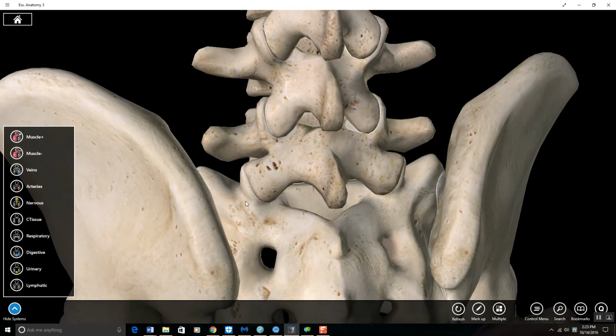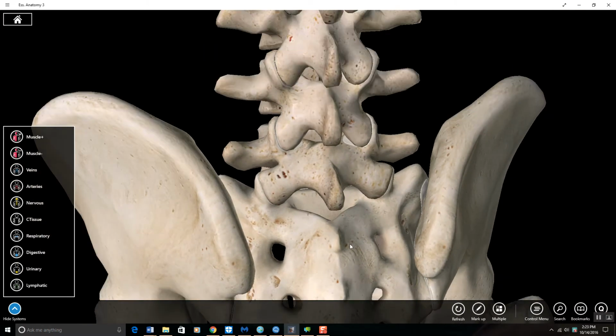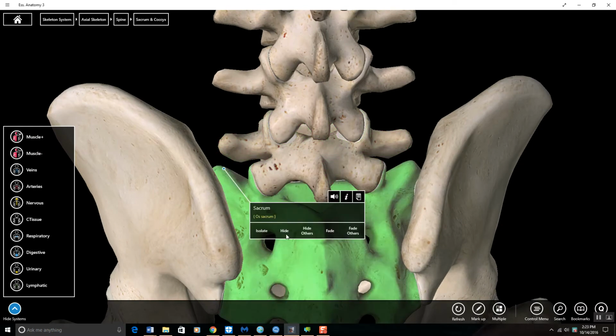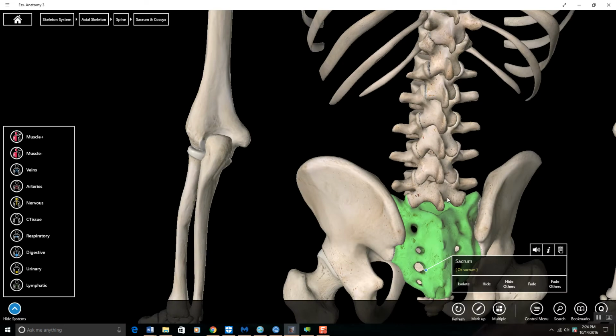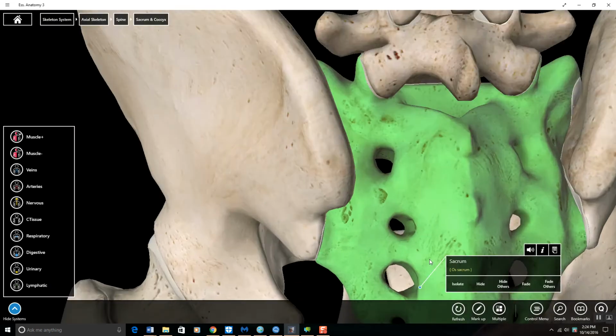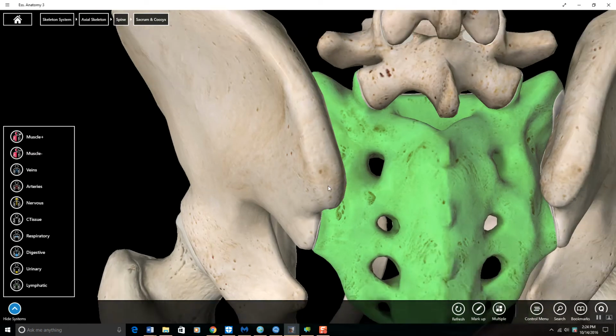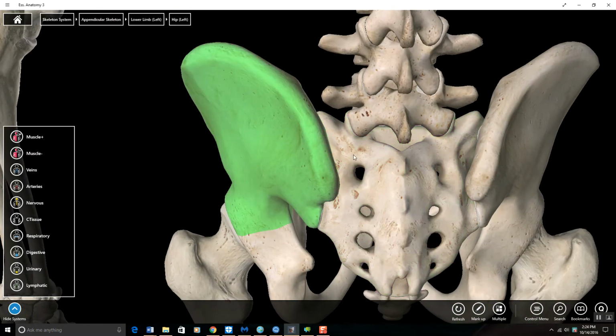Another area to focus on is this is L5, and this is the sacrum. The sacrum is the bottom of the spine. It's the last part of the spine, and the sacrum also has a connection with the pelvis. So here's the pelvis. Here's the sacrum.